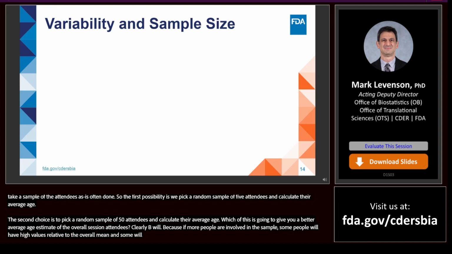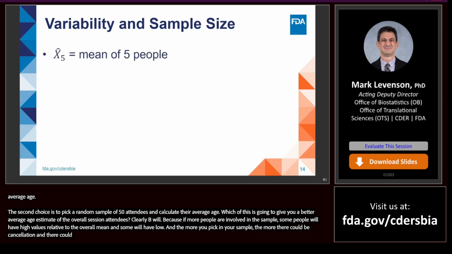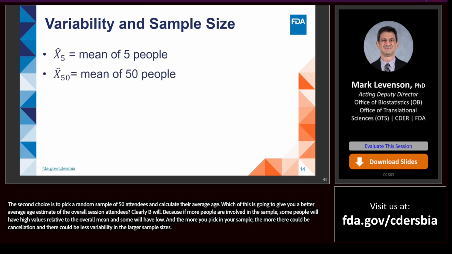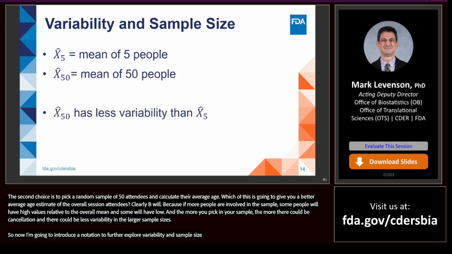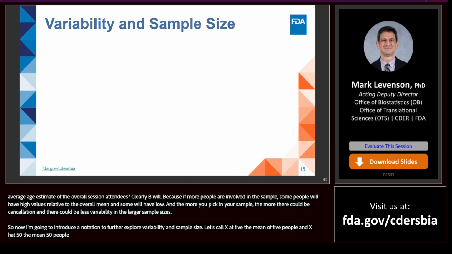Now I'm going to introduce a little notation to further explore variability and sample size. Let's call x hat 5 the mean of 5 people, and x hat 50 the mean of 50 people. We intuitively saw on the last slide that x hat 50 has less variability than x hat 5. Let's look at variability and sample size a little more mathematically.